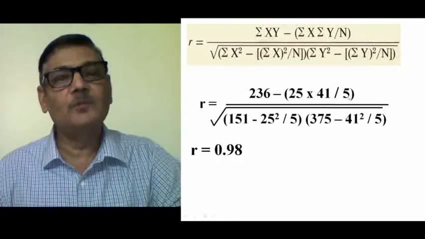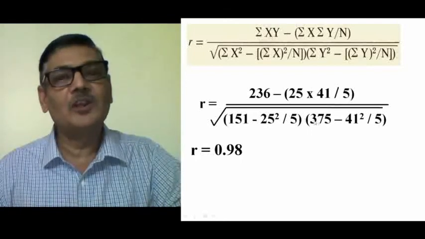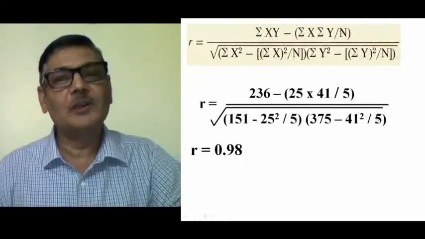And this whole is divided by square root of 151, that is sum of x square, minus 25 its square divided by 5, into 375, that is sum of y square minus 41 its square divided by 5. And when we will solve this, the value of r will come 0.98.